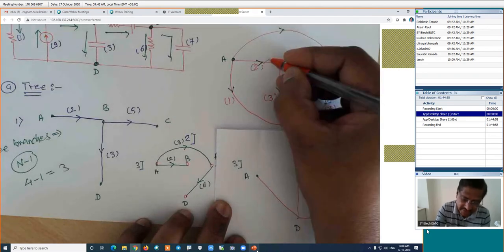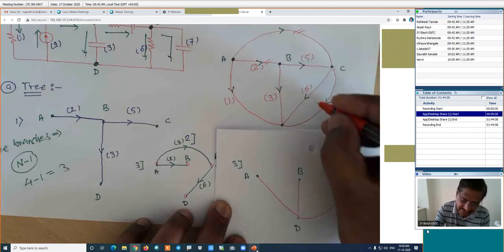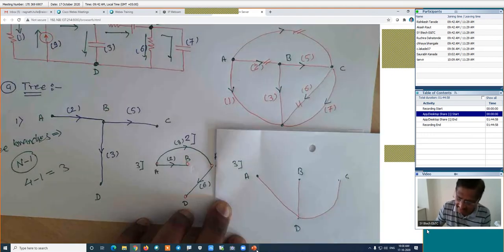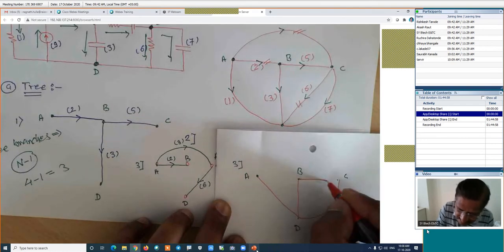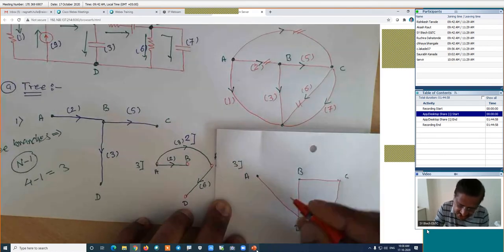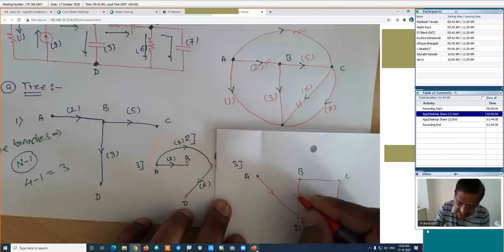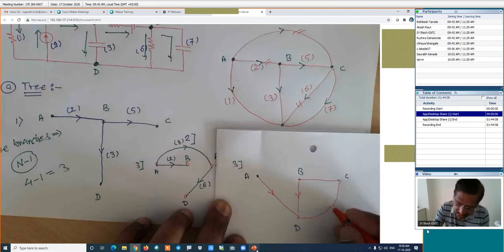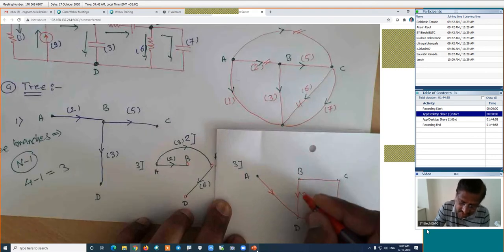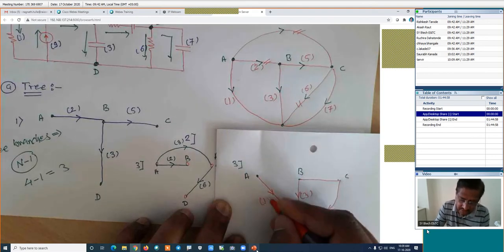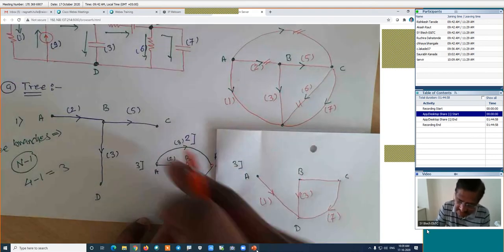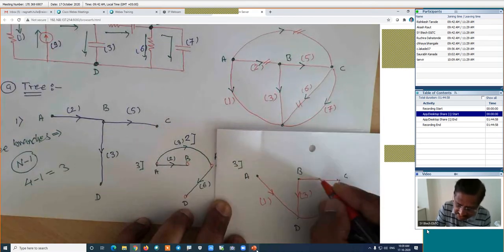We have excluded this, and branch number 6. Yes, there is a fifth branch. This branch, its direction is downward. This is branch number 7. This is branch number 3. This is branch number 1. And I have taken this, branch number 5, which is forward.